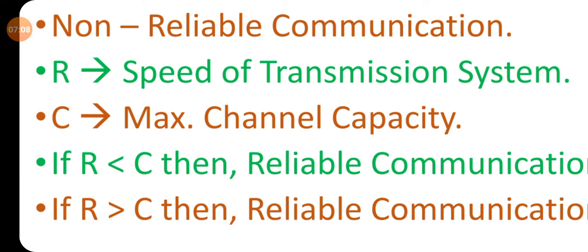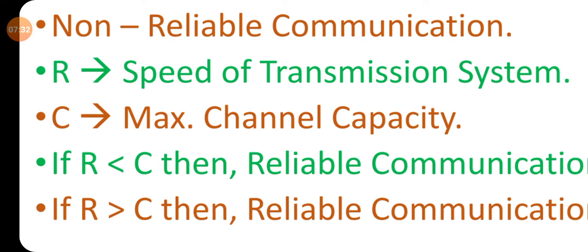Okay, now based on R and C, we can identify whether our communication is reliable or non-reliable. If R is less than C, then it produces reliable communication.